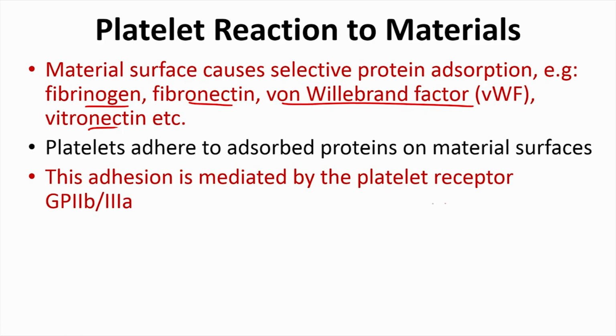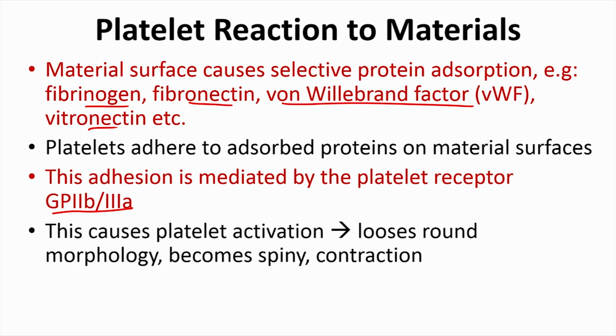So, platelets have adhesion molecules. One of them is defined here, which is widely present on platelets, and because they bind through this particular receptor, this receptor then further causes activation and further signaling in the platelet. As we had seen before, platelets are typically round, but when they go on the surface, they lose their morphology and start to spread out.